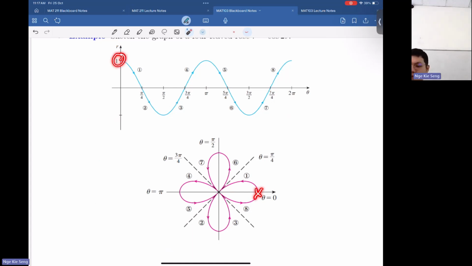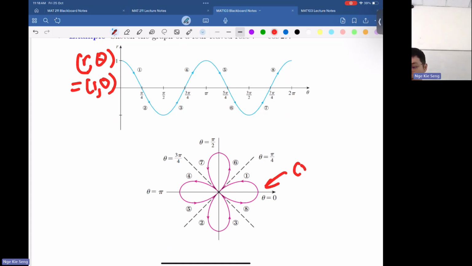So you get the 1, 0 up here first. Sorry, this is a 1, 0 in r theta, so don't confuse. Why is it in xy still 1, 0? You need to apply the formula to go from r theta to xy: r cos theta and r sine theta.